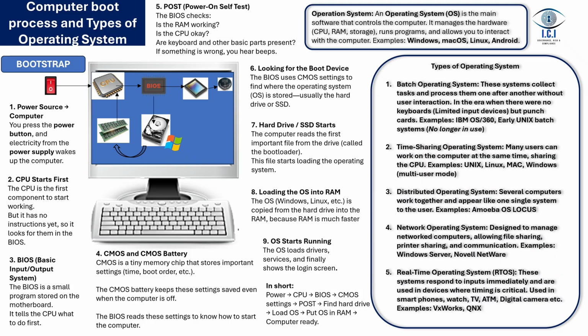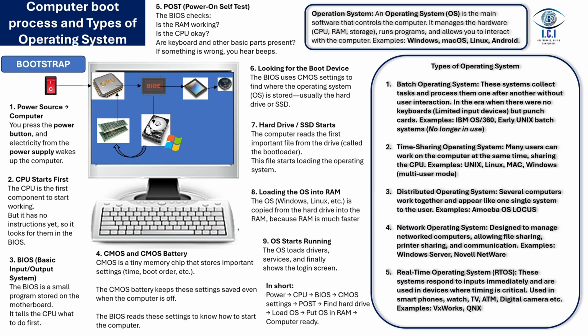The batch operating system existed in the olden days, where we had limited input devices. We didn't have a keyboard, we didn't have a mouse. We only had what they call the punch card. So you just itemize your tasks and load them into your computer via a punch card, and your computer from there starts executing. So that is what a batch operating system is, but it's no longer in use.